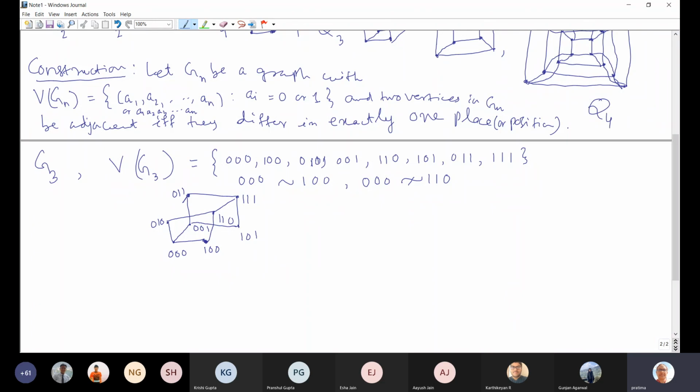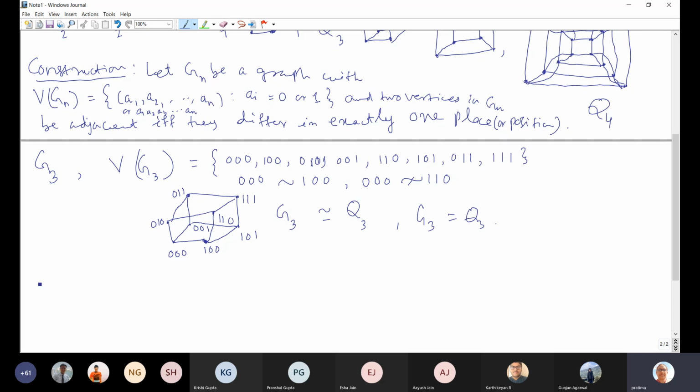Here they also differ in exactly one place. Right? So this is G3, and it is isomorphic to Q3. In fact, G3 is Q3 only.